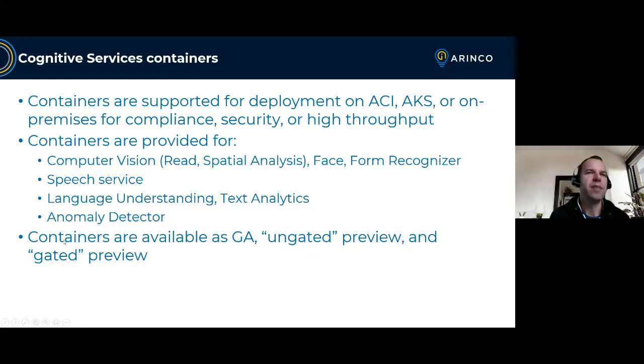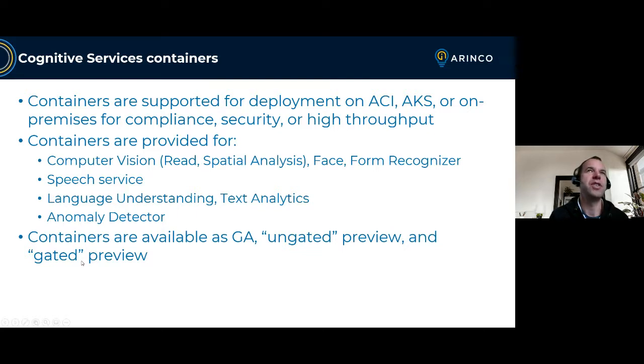They're provided either as generally available containers, available in the Microsoft Container Registry, as well as Docker Hub. Some containers are provided as an ungated preview. What that means is they're offered as a preview container for you to use without any approval. But other containers are more in a private preview state, considered to be gated previews.